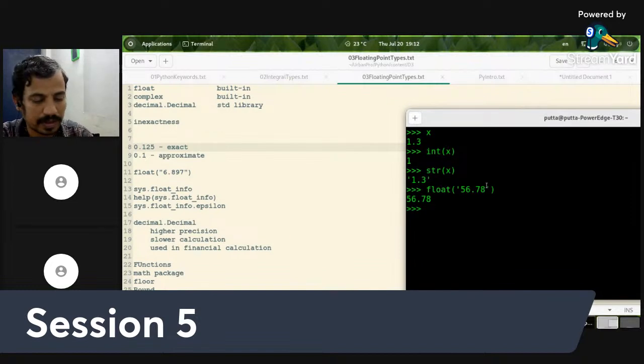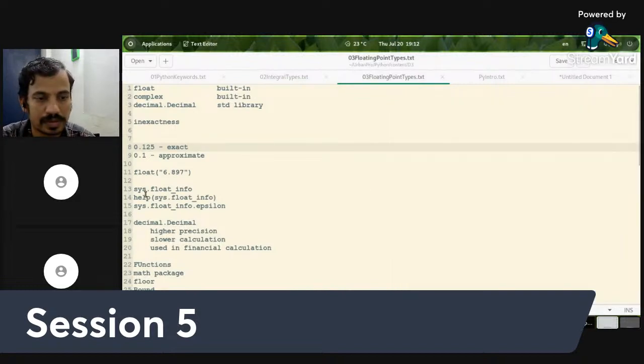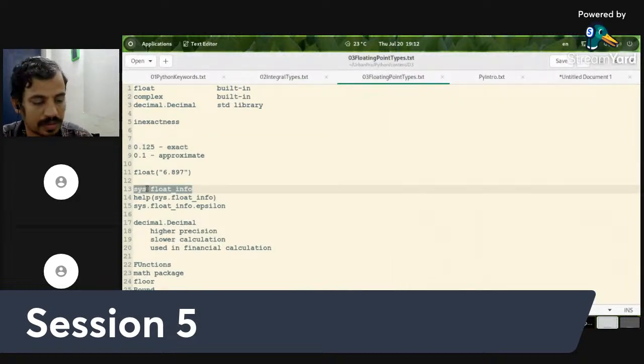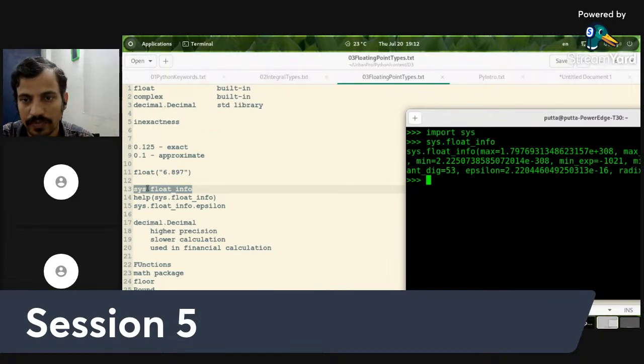Now type this along with me. Import sys. Sys dot float info.